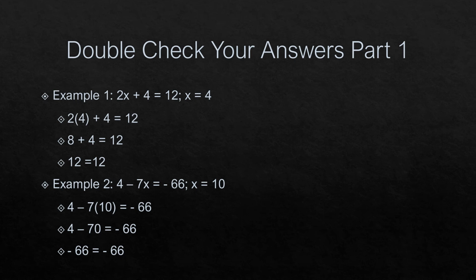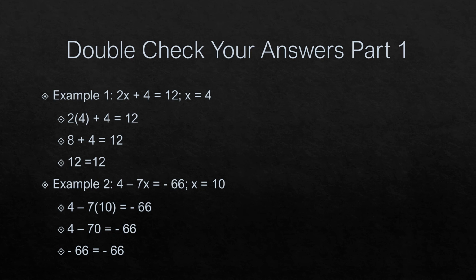As long as the number on the left is equal to the number on the right, then I know my answer is correct. So example number 2, I started with 4 minus 7x equals negative 66, and I found x to be 10. Again, I'm going to plug in 10 for x, and I'm going to end up with 4 minus 7 times 10, and we're going to see if that's equal to negative 66.